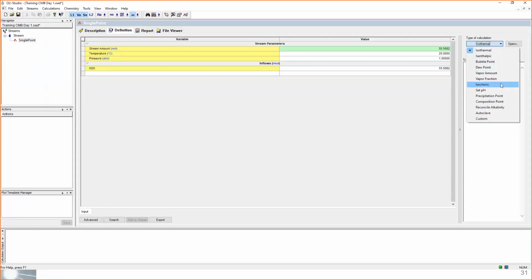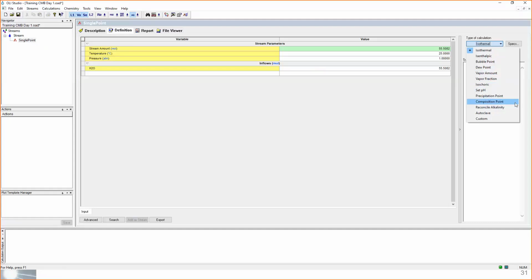You have isochoric, which is basically constant volume. Set pH is to calculate or set the targeted pH that you want for a specific stream. Precipitation point is to calculate the solubility of a salt in water.